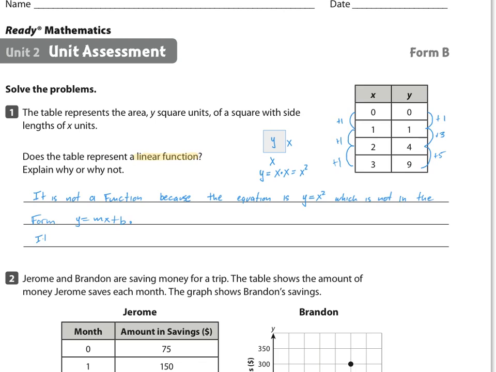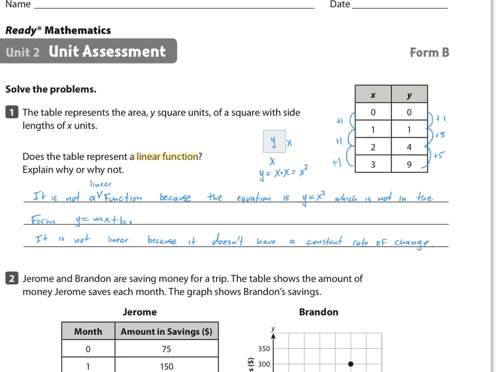It is not linear. And right here is supposed to be, is not a linear function.